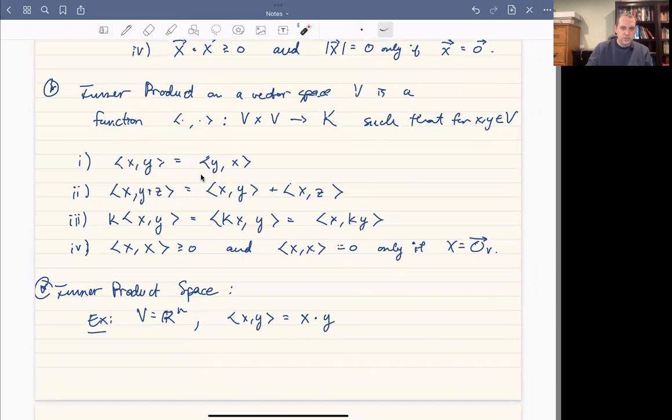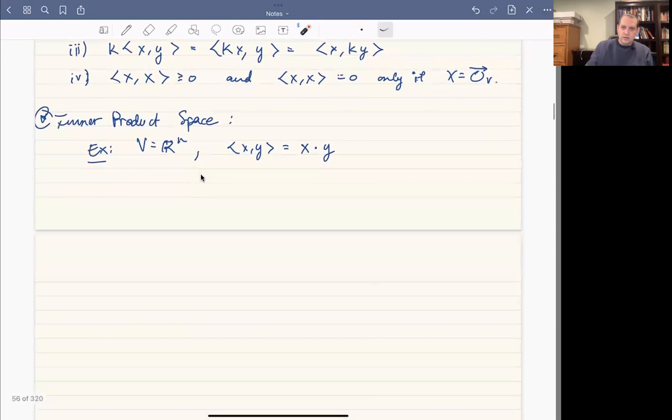So depending on the context, if the inputs in the angled brackets are themselves vectors, then we're talking about an inner product. Otherwise, if the entries are just real numbers, then we're talking about the vectors in R2 and R3, like we're used to doing in calculus. So that's an example of an inner product space.